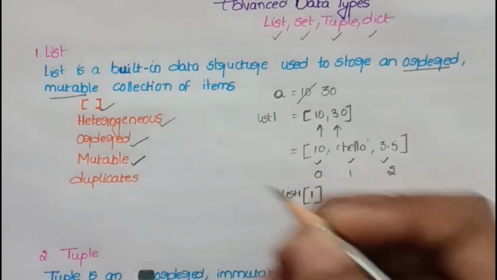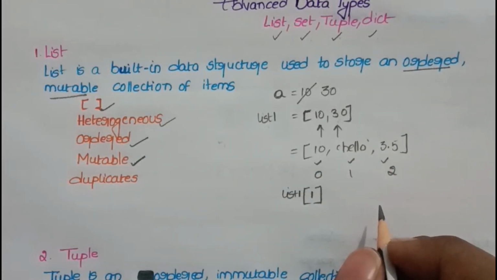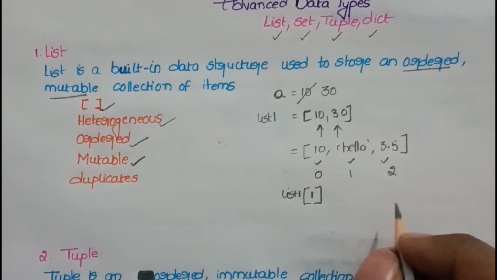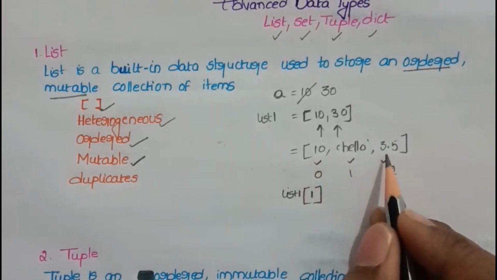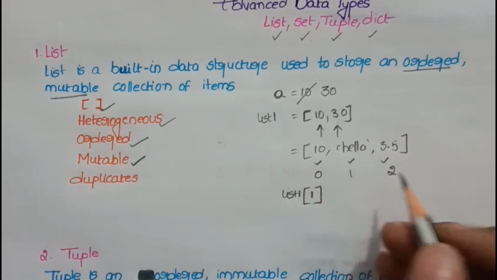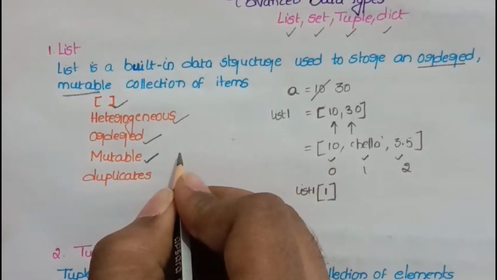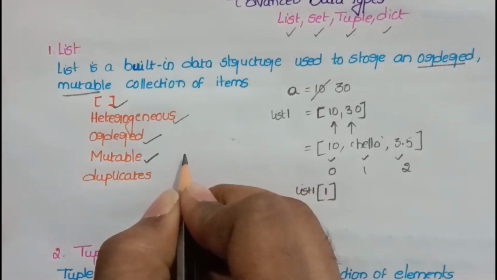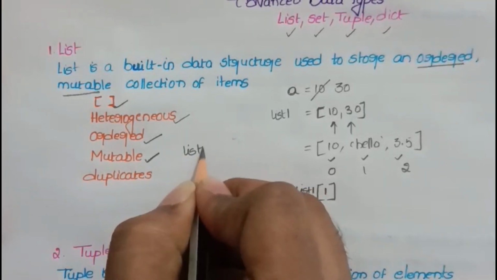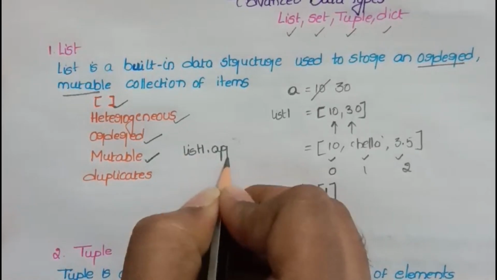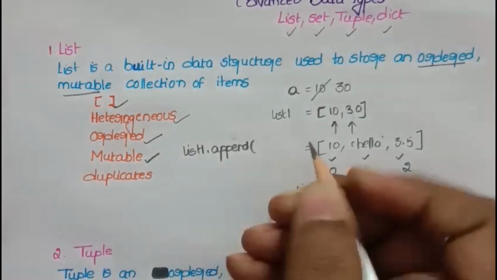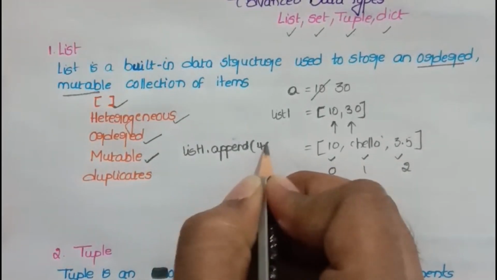The third important feature of list is mutable. If you want to add a new element to the existing list, it is possible. You just have to say which element you want to add using the append function. list1.append(40), you want to add a new element whose value is 40.